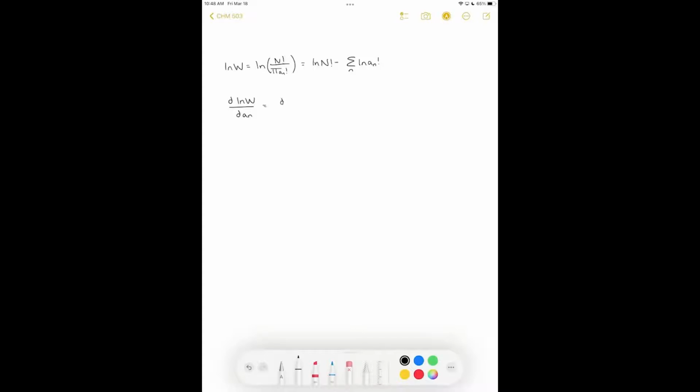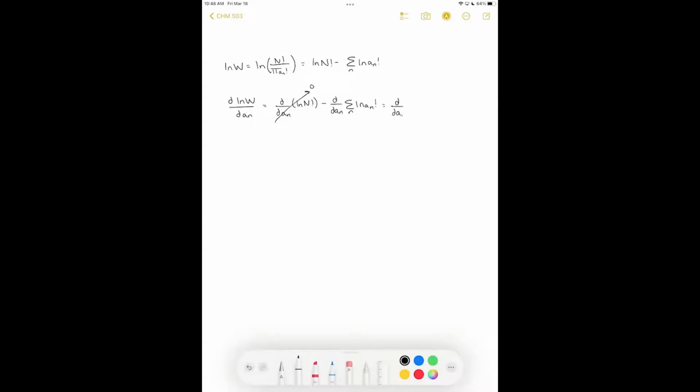This gives us a derivative with respect to a sub n of the natural log of N factorial. And then we have a derivative of the summation term over here. Now, the natural log of N factorial is actually a constant. So the derivative of this here is simply equal to 0. And then we have this over here. We'll use Stirling's approximation.